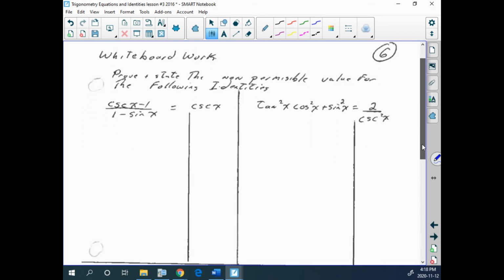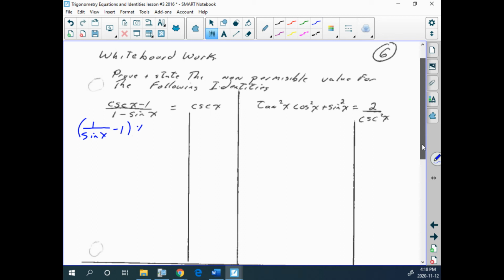Now, I'd like you to stop here and do this question. I'm going to do it right away, but stop, try it on your own, and then come back and watch. So, the only way I see this is turning that guy cosecant into sine.